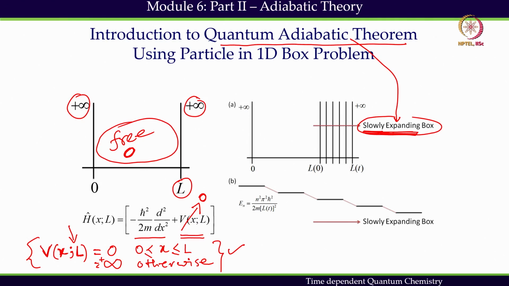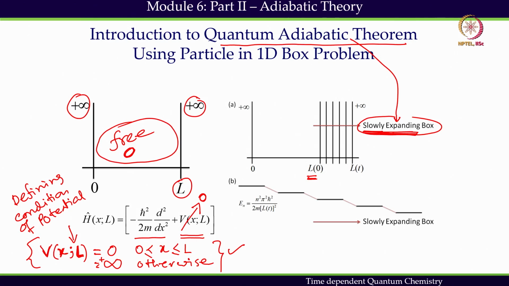So what is L? L is controlling the defining condition of the potential, and that defining condition is also changing, because if L is changing, the dimension of the box is changing, so the behavior of the potential is also changing slowly, of course.